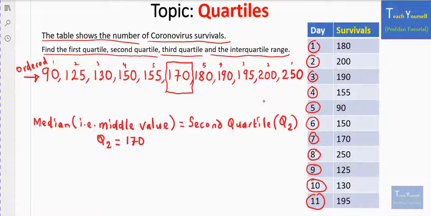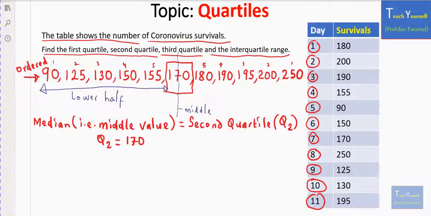Now, next, how do we find the first quartile and the third quartile? Now, take note, I have divided this data into two halves, with 170 as the middle value. This is the middle. All the values before the median, the middle value, is what we call the lower half.